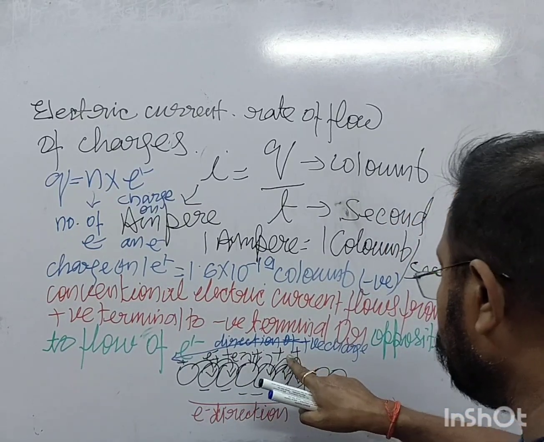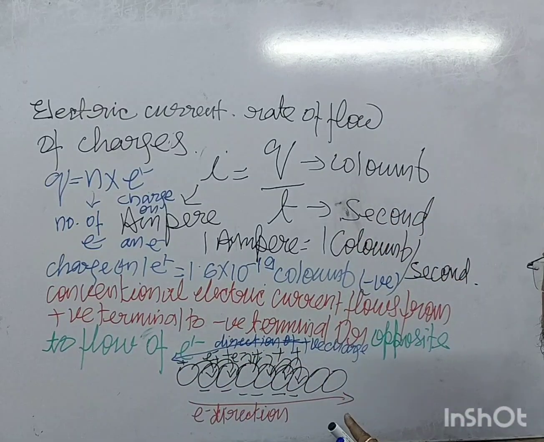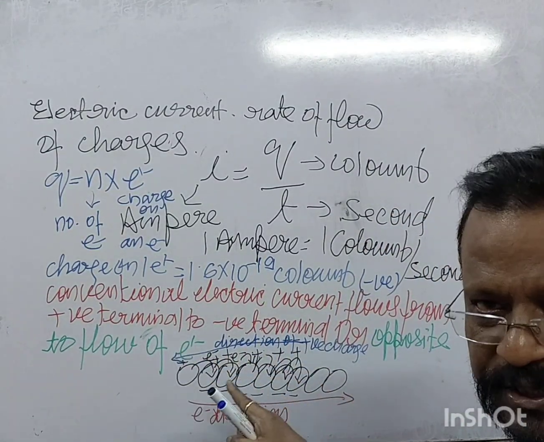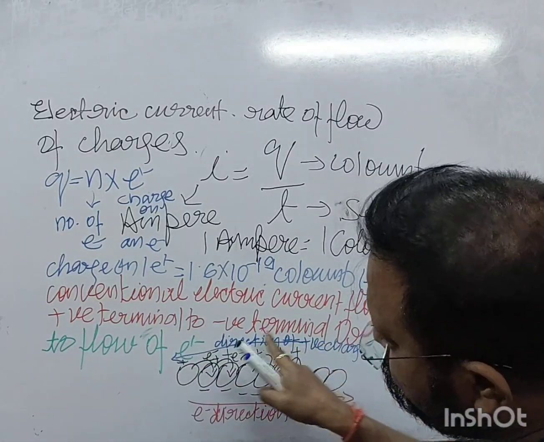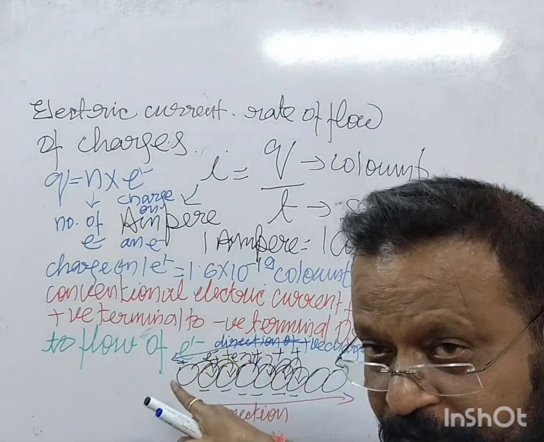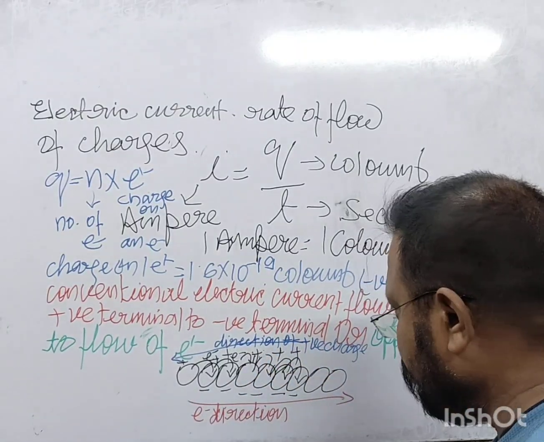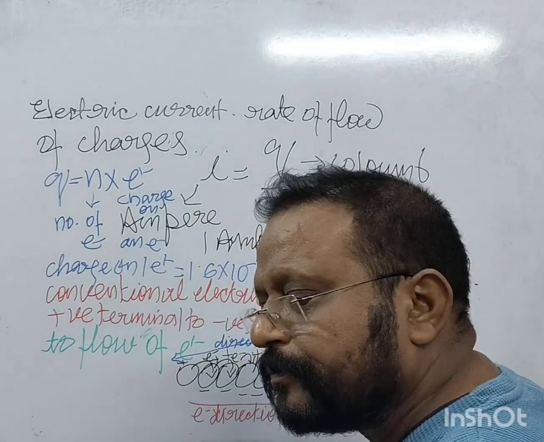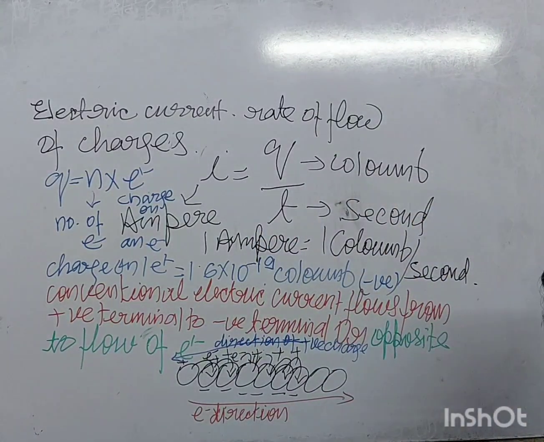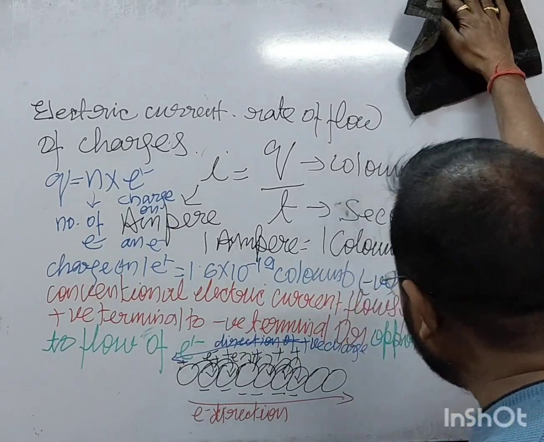So they are opposite to each other, and this is known as the direction of flow of conventional electric current. Do you understand this? Yes. Okay.